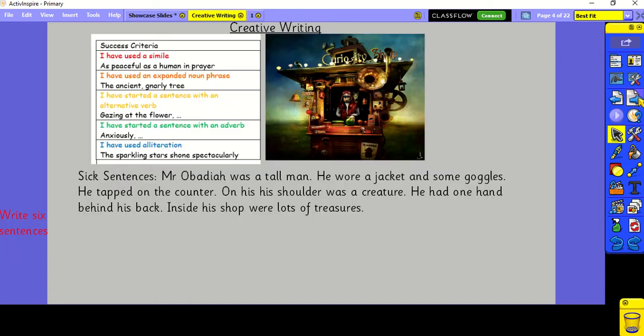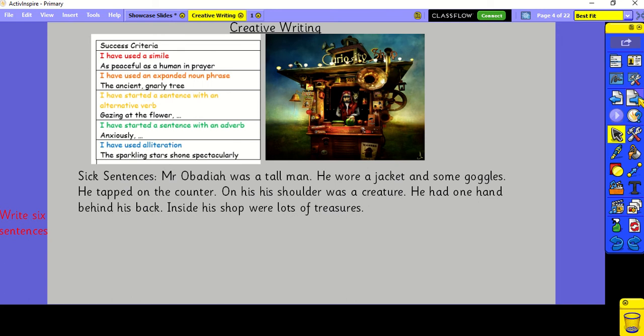So, your success criteria are: I have used a simile. My example is as peaceful as a human in prayer. A wonderful example. In fact, my favourite example of a simile that a student has suggested this year. Success criteria number 2. I have used an expanded noun phrase, and we know that that means adjective, comma, adjective, noun.